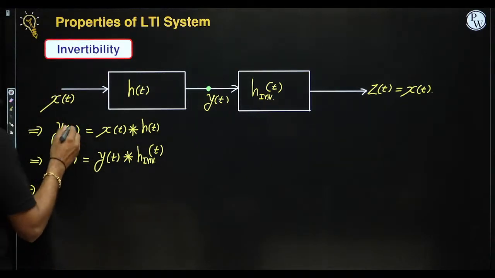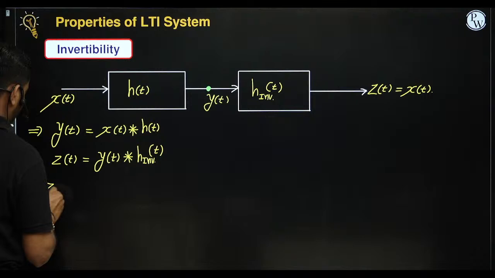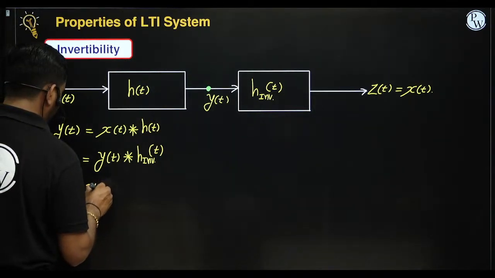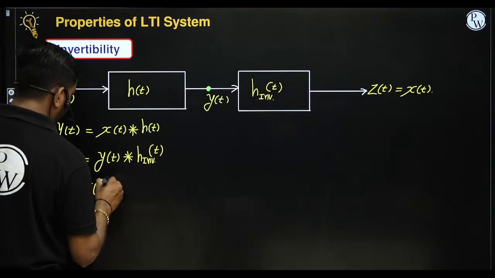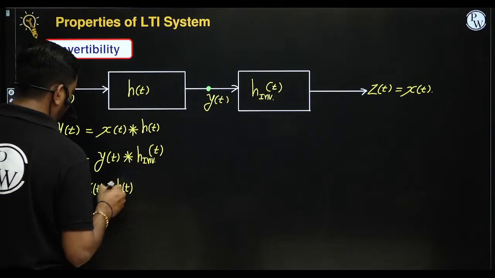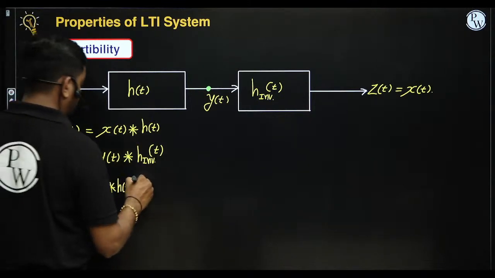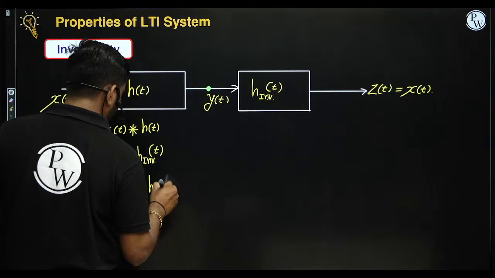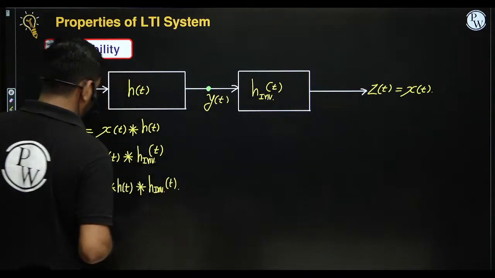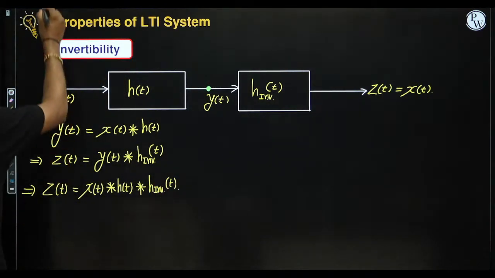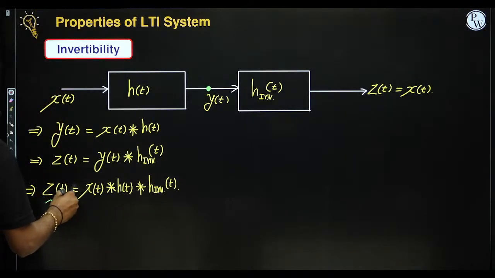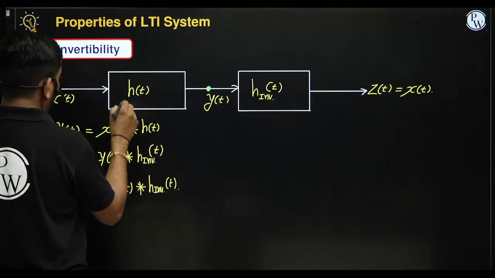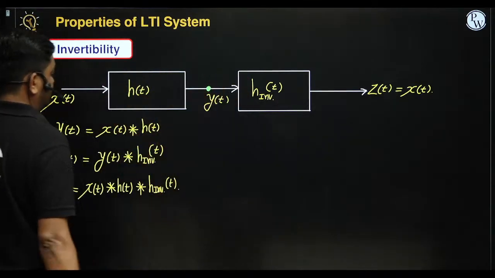Now put the value of y of t from here to here. So z of t is equal to x of t convolution with h of t convolution with h inverse of t. Now if this z of t is equal to x of t, then we can say h of t is an invertible system and its inverse system is this one.